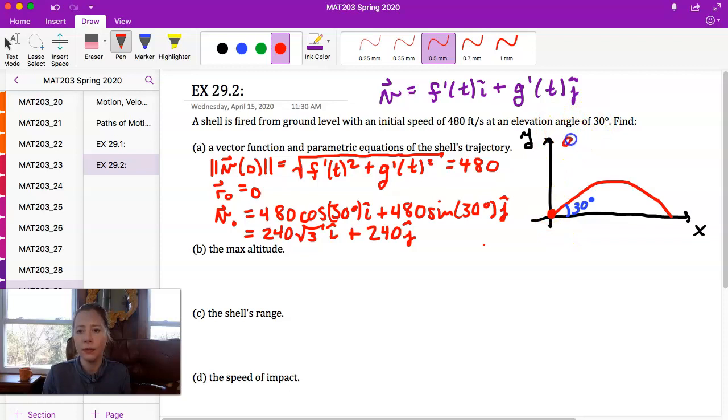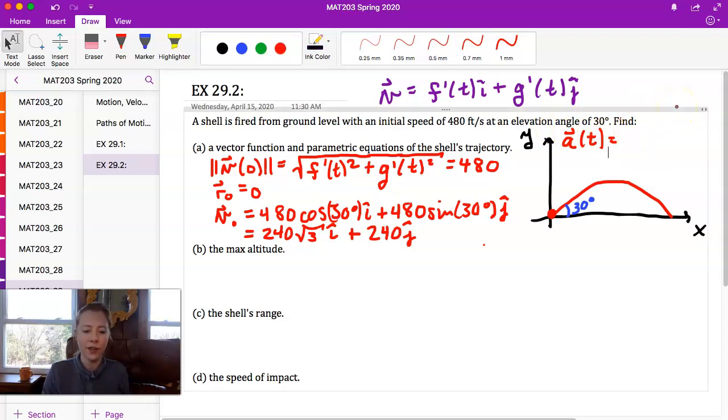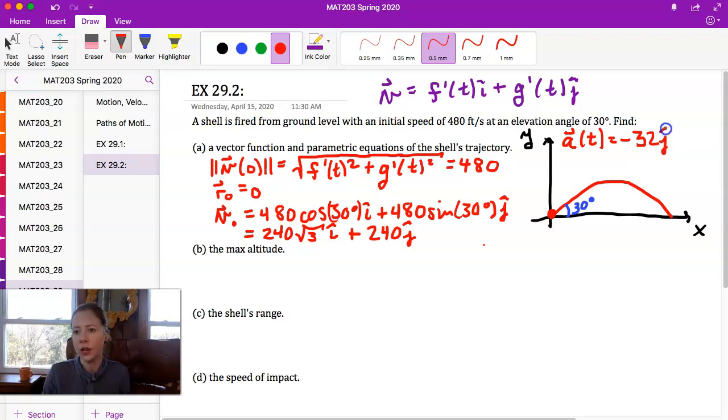So a of t, and if you don't know this one off the top of your head, the acceleration due to gravity in English units is about 32 feet per second per second. So the acceleration is going to be minus 32 j hat, and that's because the acceleration is the acceleration due to gravity.